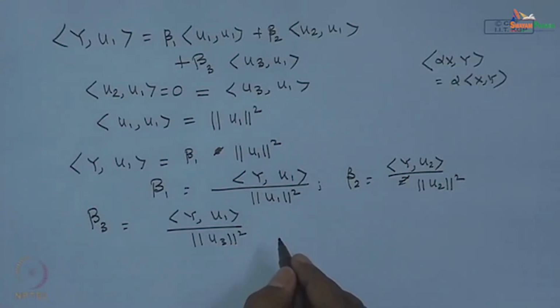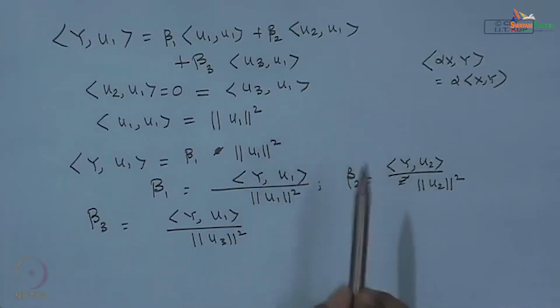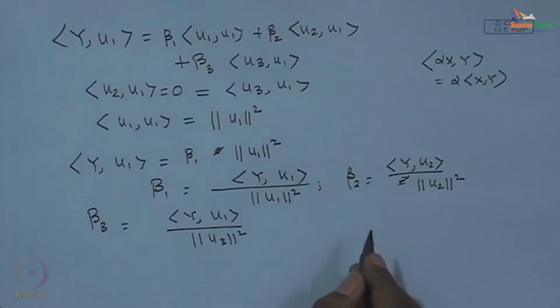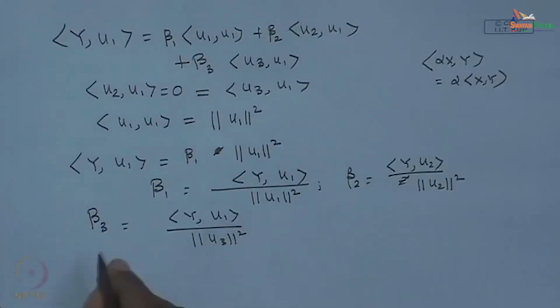So, we have considered the basis set constituted by the orthogonal vectors u1, u2, u3. Now, if we would have made the basis set constituted by orthonormal vectors u1, u2, u3, then all these norms would have been equal to 1. So, that simplifies a whole lot of things.